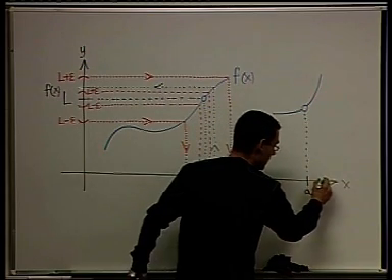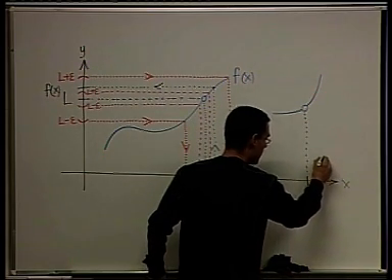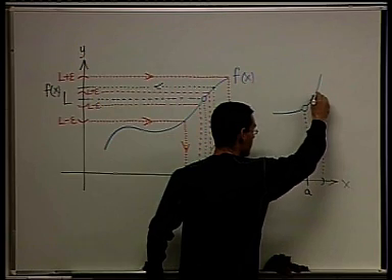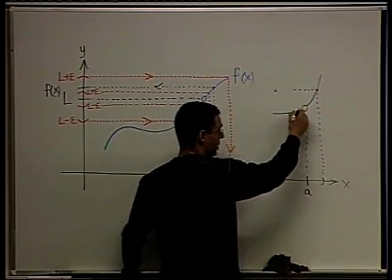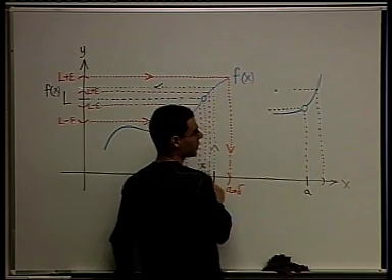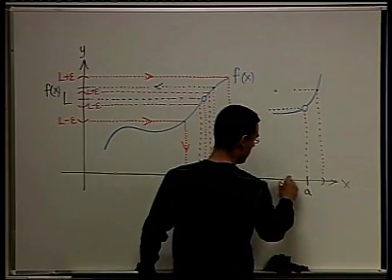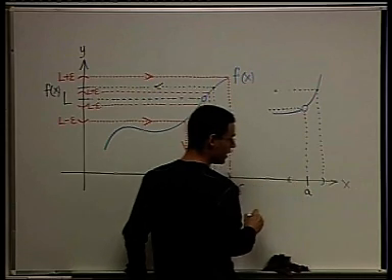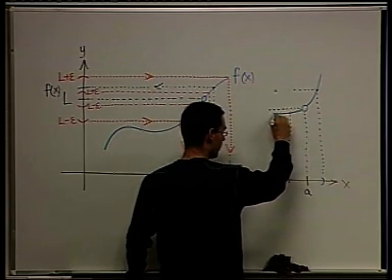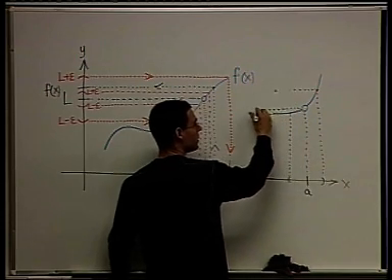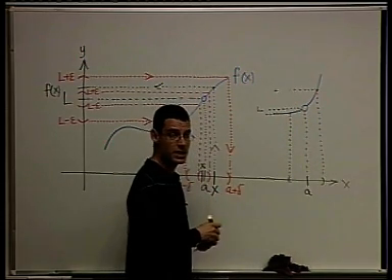Okay? If you take a neighborhood like this, that guarantees this distance from the candidate for L. But if you take a symmetric neighborhood on this side, you get this close to this candidate for L. Do you see that?